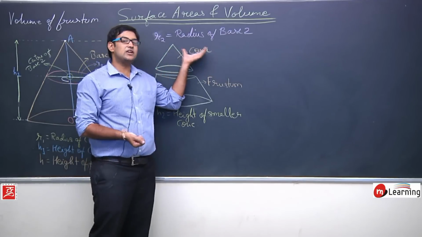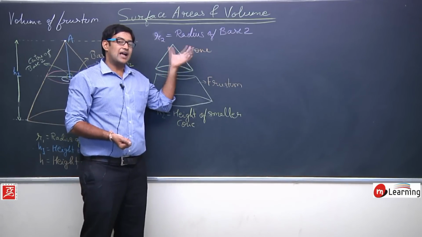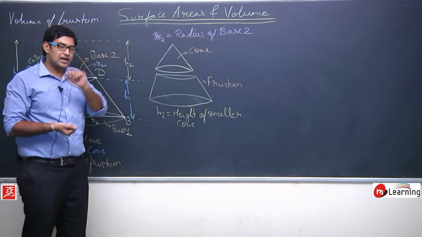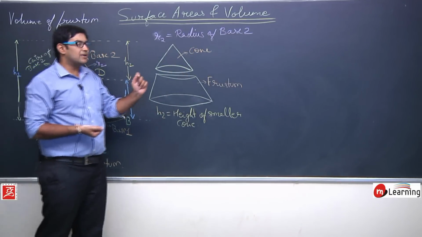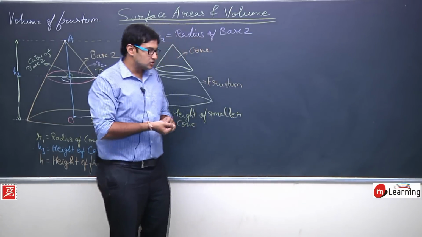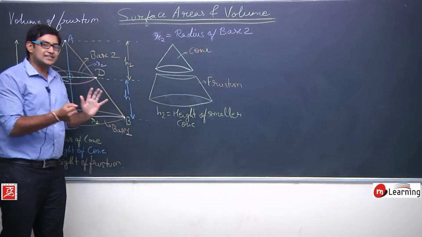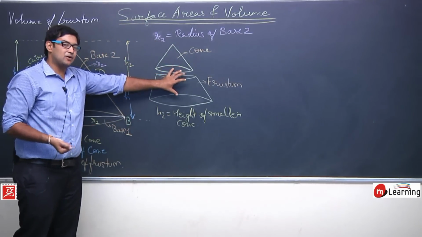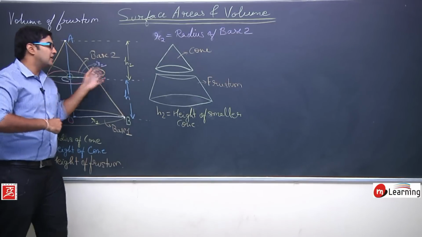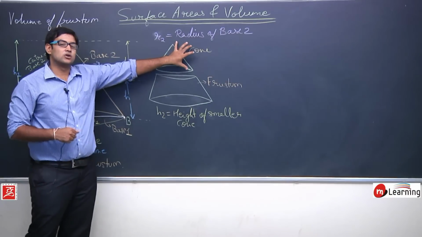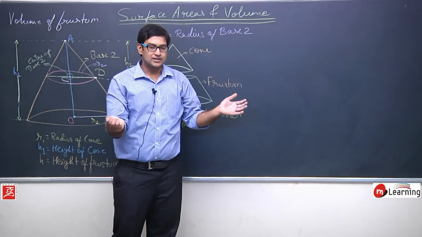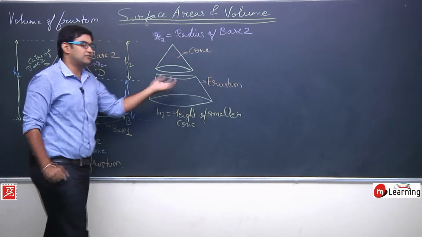Now, why have I deduced this smaller cone? There is a reason behind that. Try to understand, what is my task? My task is to calculate the volume of the frustum. I can very clearly see that the frustum is a part of this bigger cone. When I remove this smaller cone from the bigger cone, the portion left will be known as the frustum.